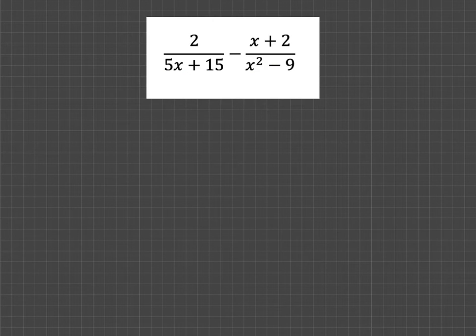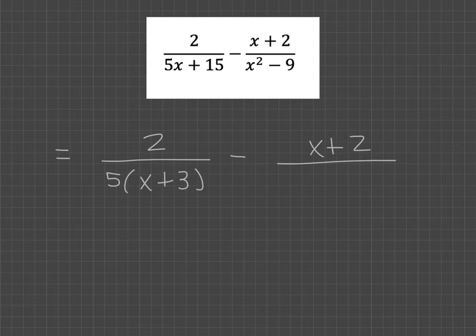This is another subtraction, and this is one where we're going to need to first factor the denominator. We can factor a 5 out, so we get x plus 3. And we've got x plus 2 over a difference of two squares. So we're going to have x and 3 with a plus and a minus.